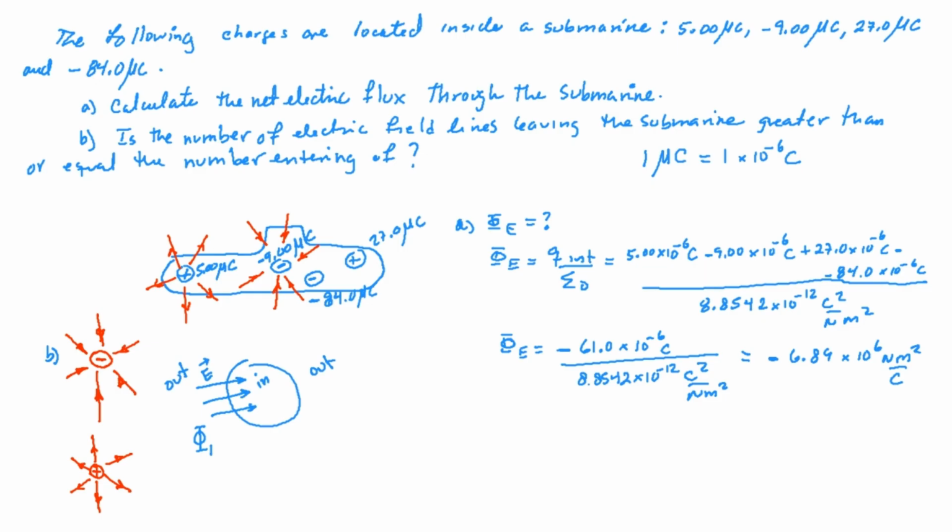And the explanation is simple. The explanation is because the normal vector always points outward. So the angle between the normal vector and the electric field vector is 180 degrees, and the cosine of 180 degrees is -1.